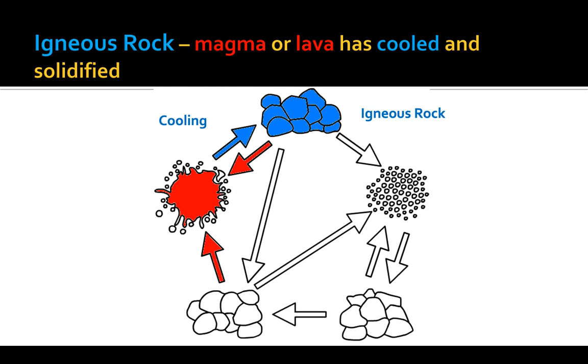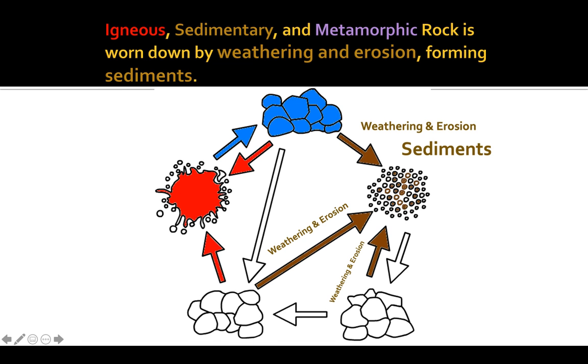So when magma cools, it is going to form igneous rock. Now we can then expose igneous rock to weathering and erosion, and we're going to break it down into sediments.